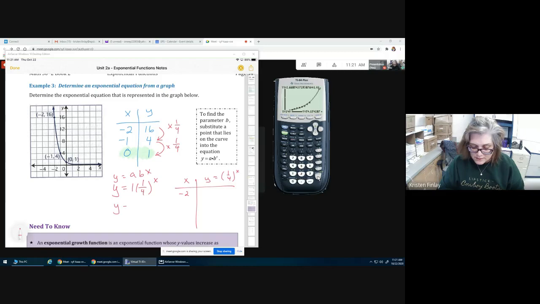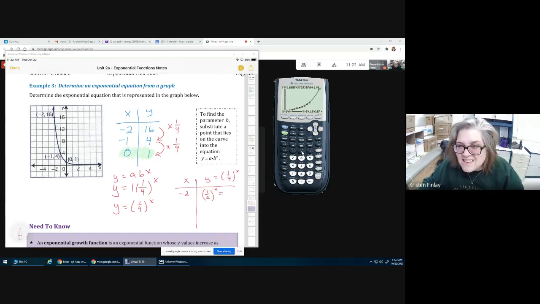So 1/4 to the -2 equals, let's try that out on our calculator. Clear. 1 divided by 4, brackets, to the -2 will give us 16.